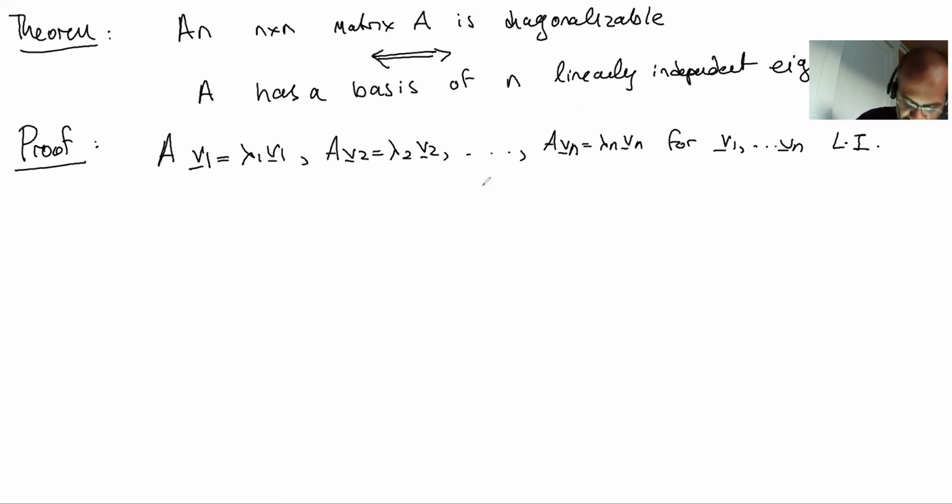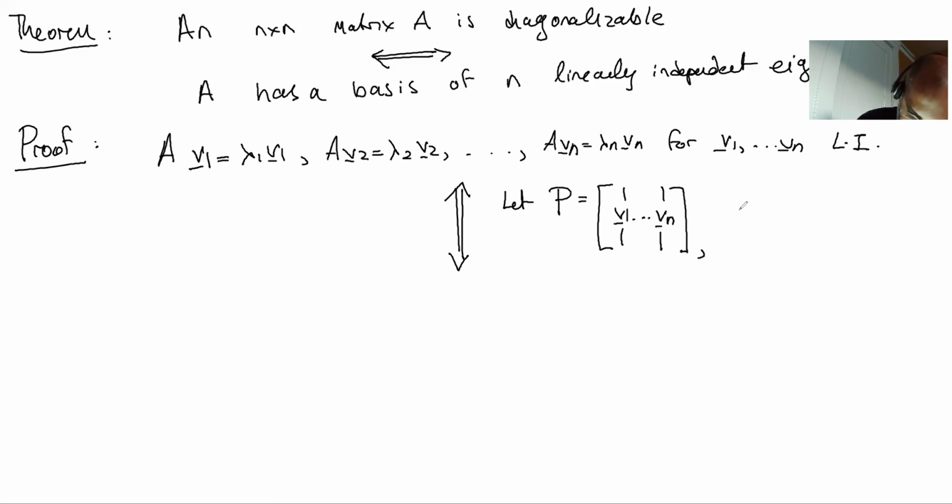I'm just going to write that in matrix notation. So I'm going to form two matrices out of these eigenvectors. I'm going to let P be the matrix containing these eigenvectors as columns, and let D be the diagonal matrix containing the eigenvalues. So now I can write all of these equations as a single matrix equation.